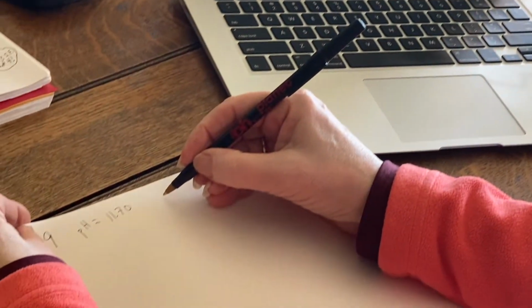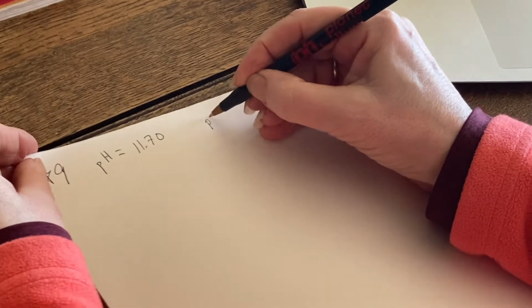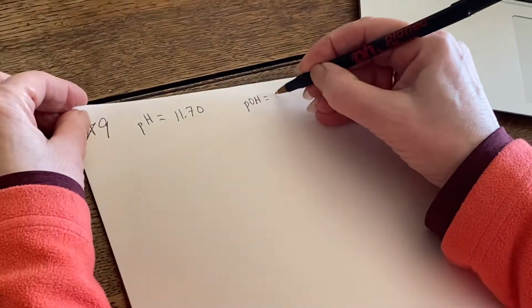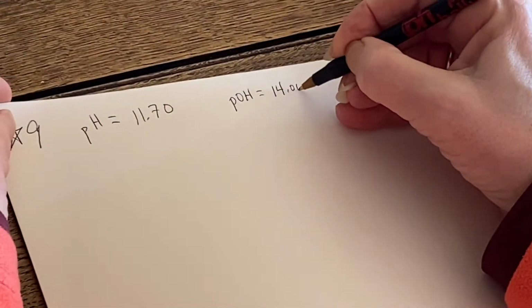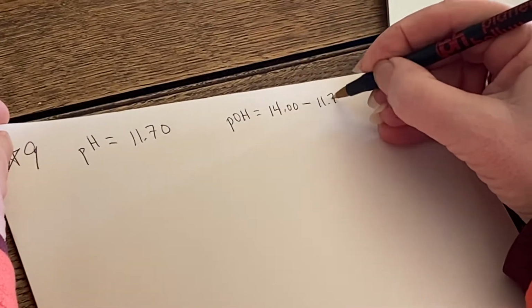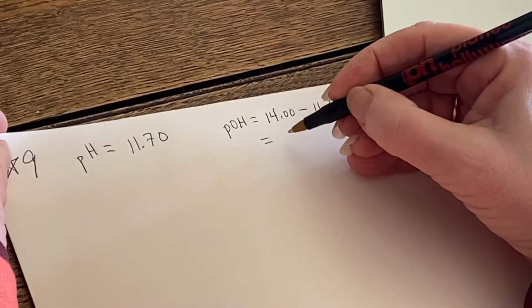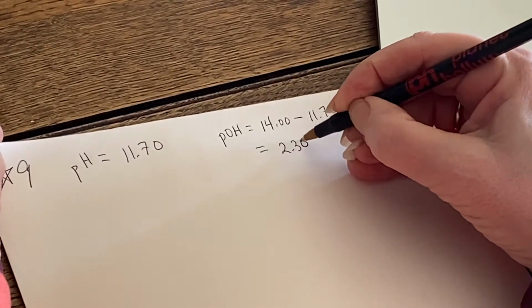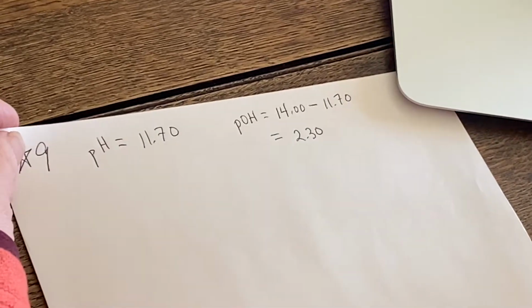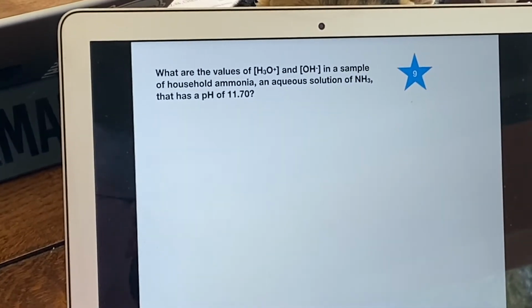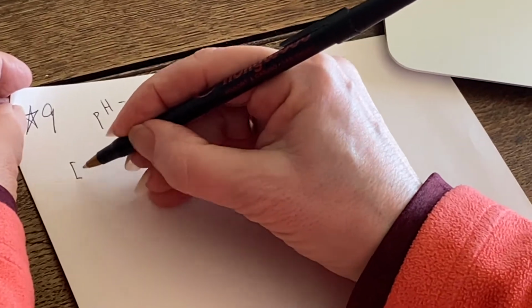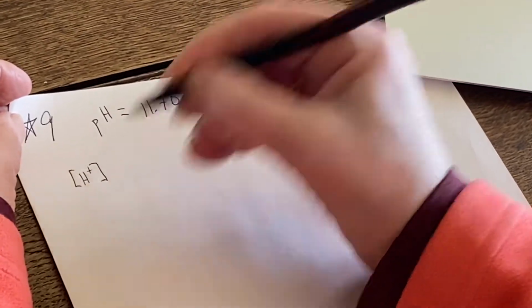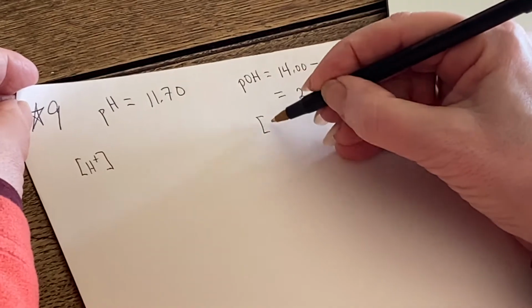We can very easily then find out what the pOH is simply by subtracting this number from 14. So there is your pOH. Now each of those can be used in order to find the concentration of these.